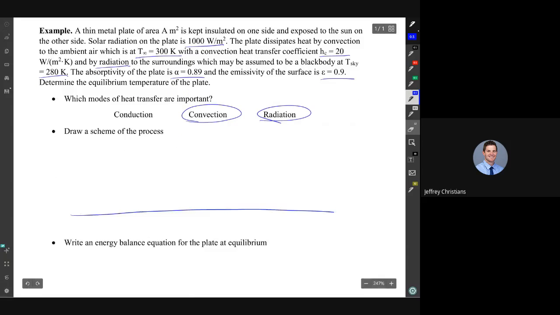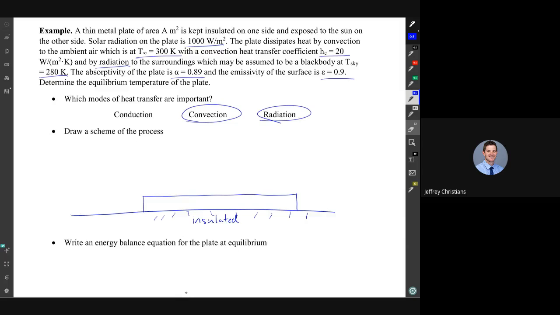Okay, so I would draw something. We have a plate sitting on the ground. That part is insulated.